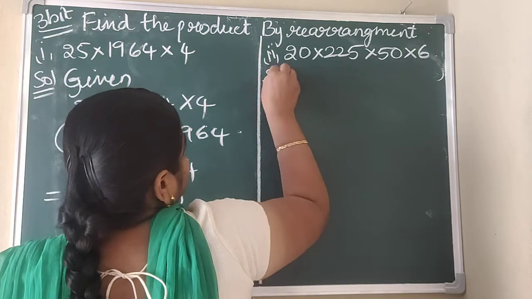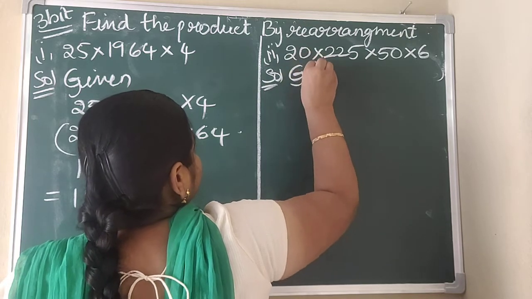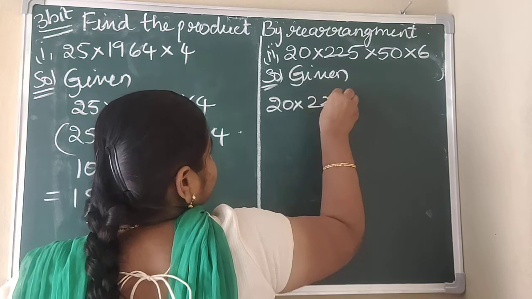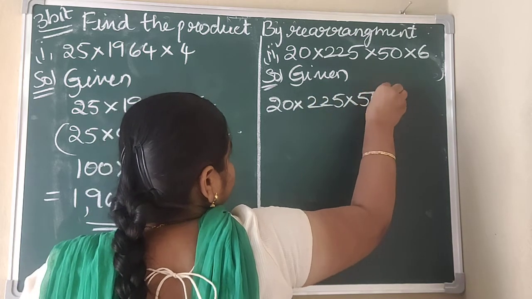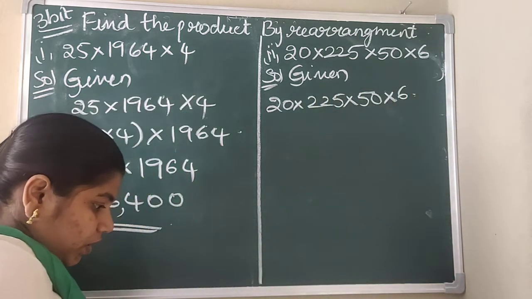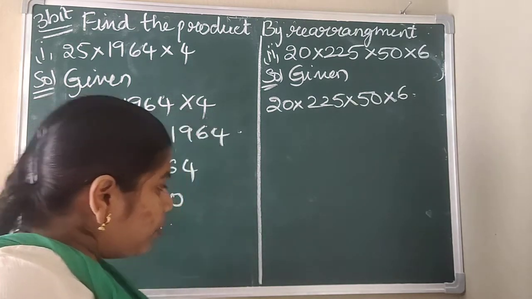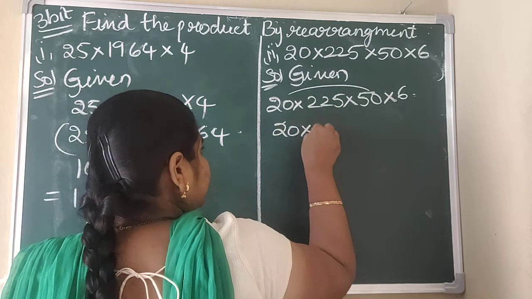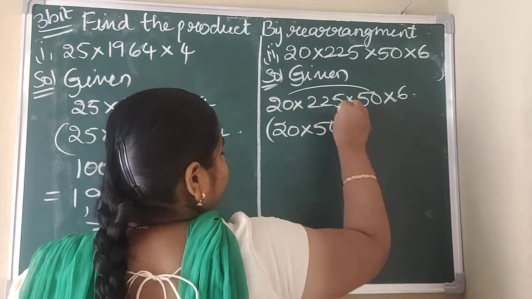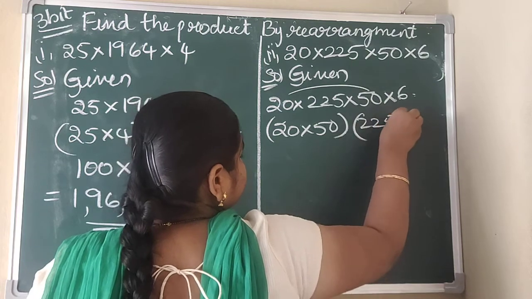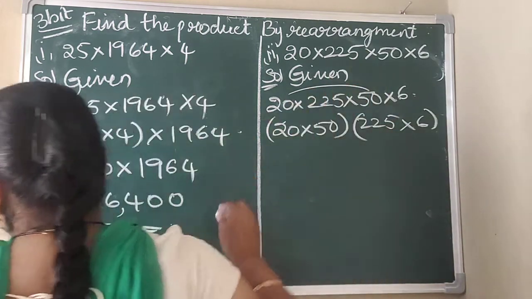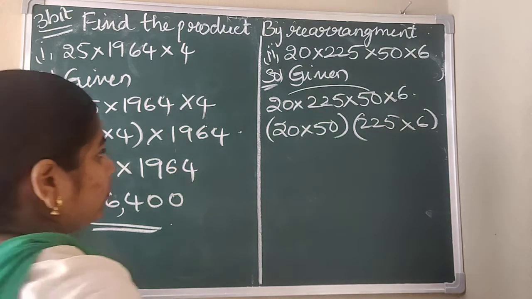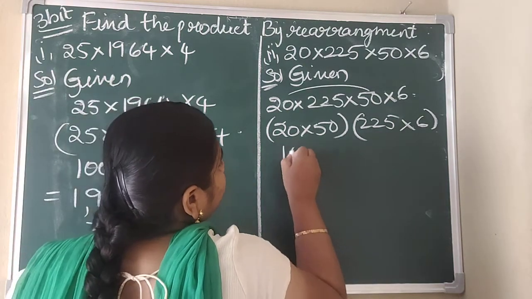So I am doing it in the form of arranging 20 into 50, these two, and these two. So how much will you get now? 2 fives is 10, that will be equal to 100.